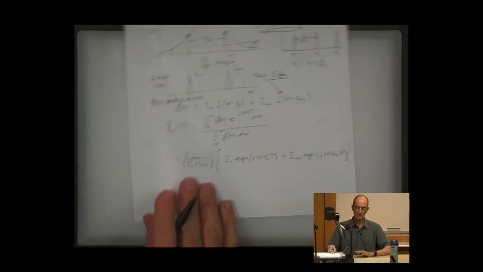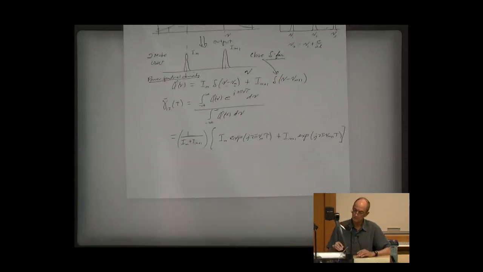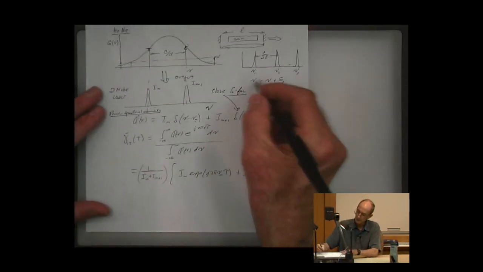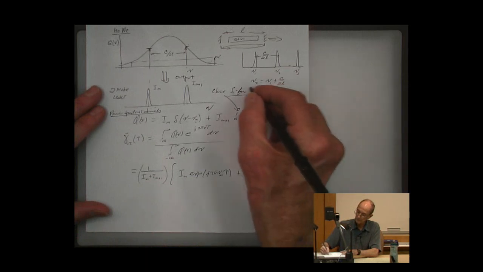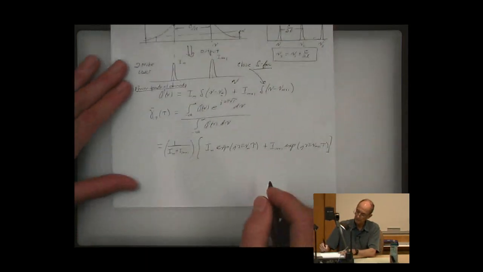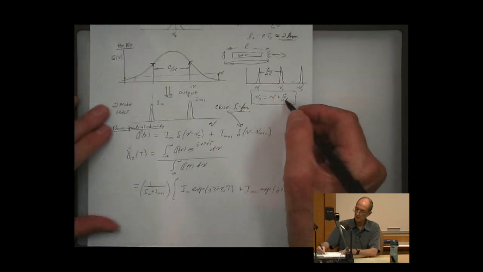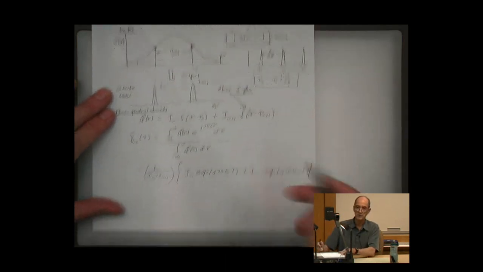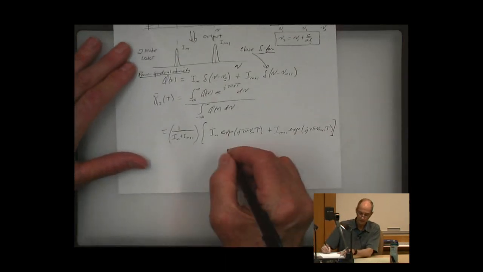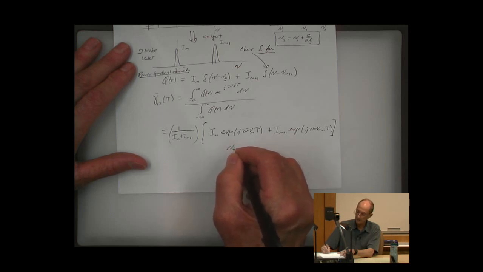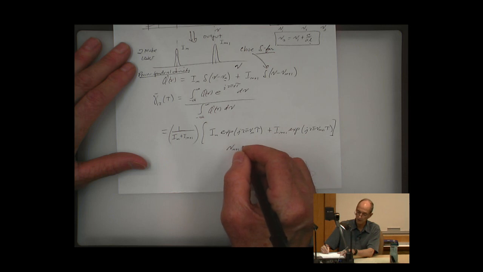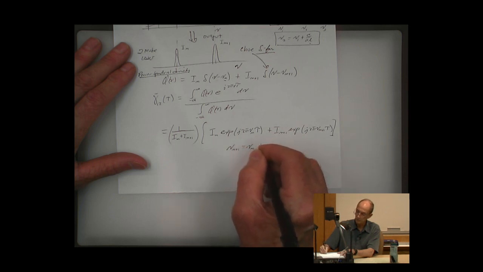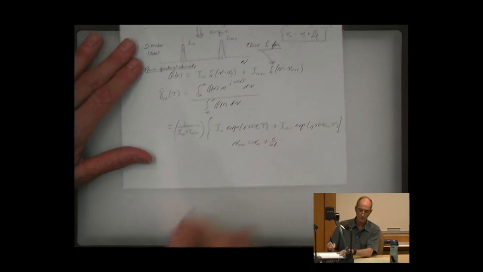Now, there's something nice about this, and that is that these frequencies, nu n and nu n plus 1, are related by c over 2L. They're two adjacent modes, right? So we have that nu sub n plus 1 is equal to nu sub n plus c over 2L.